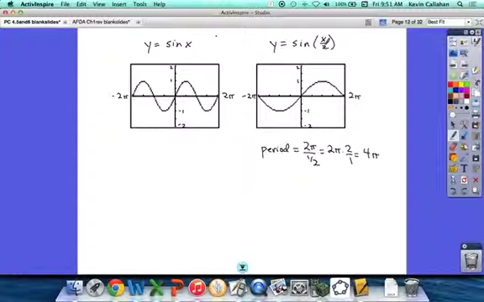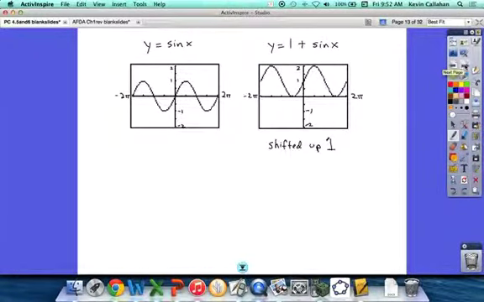So by having a number which was less than 1 for B, it made it go up and down slower. Notice this one went through one period from 0 to 2 pi. This one's going through one period from negative 2 pi to positive 2 pi. Okay, so that's the B.